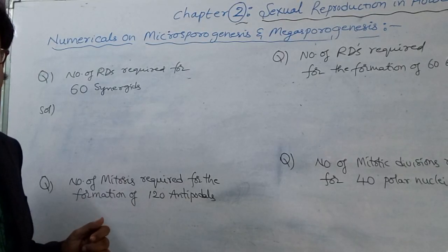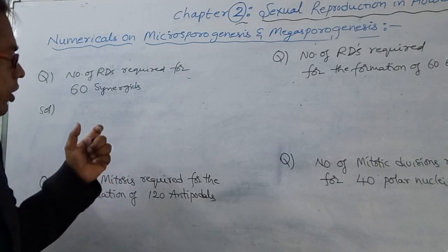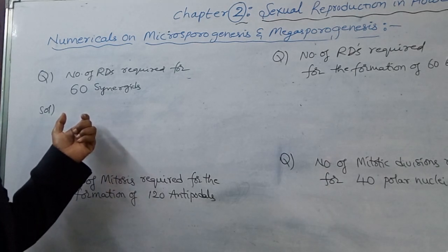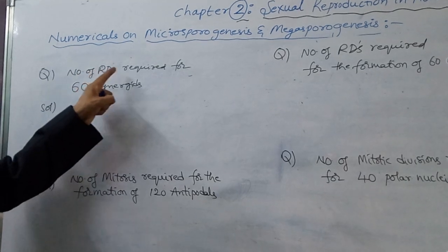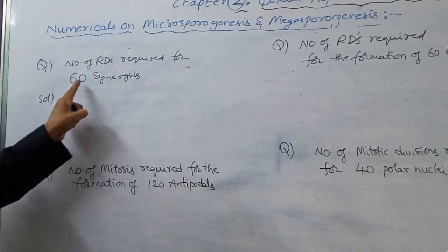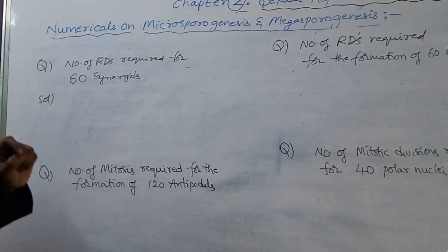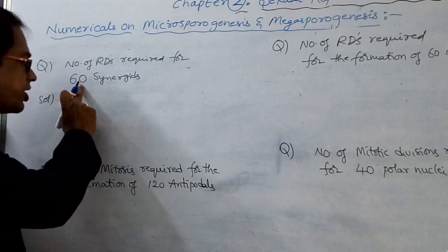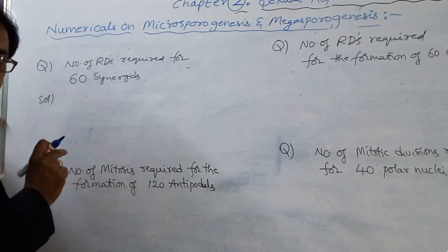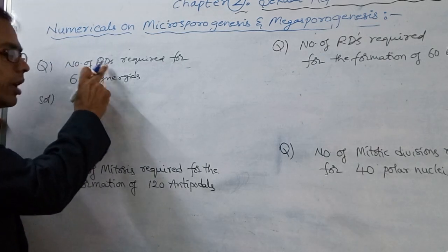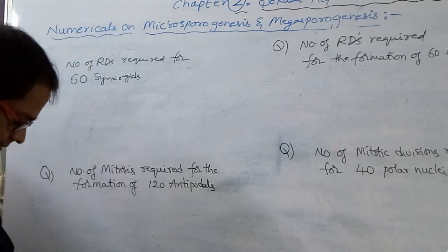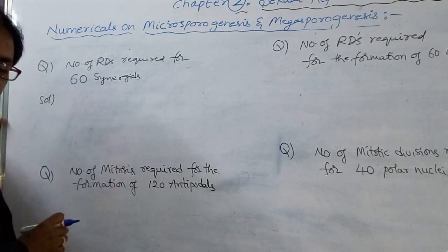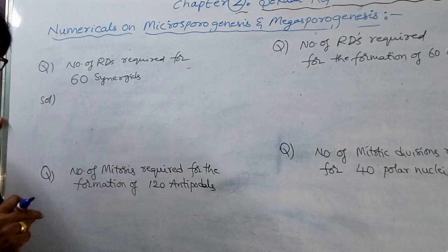Okay, my dear students, now we are going to solve some problems on megasporogenesis. Number of reduction divisions required for the formation of 60 synergids. What have they given? 60 synergids. What are they asking? Number of reduction divisions. RDs means reduction divisions. In one embryo sac, how many synergids are present? 2.